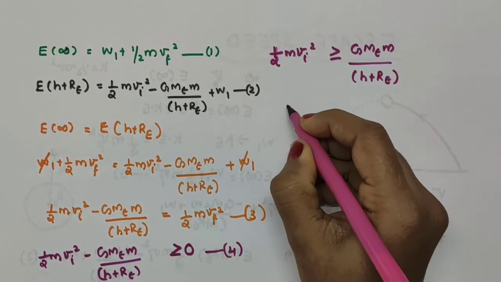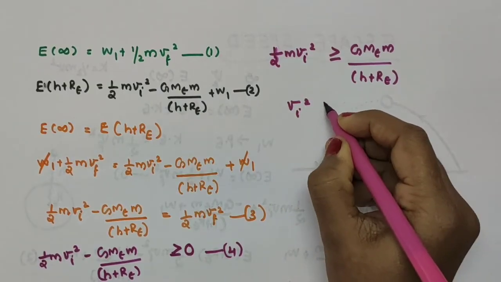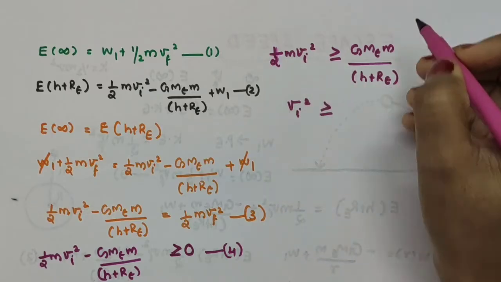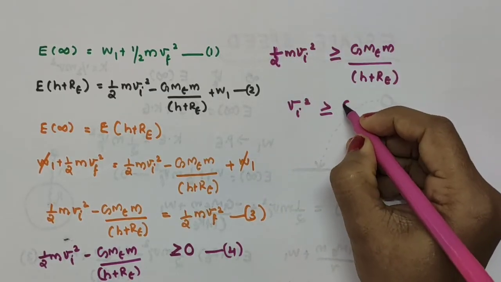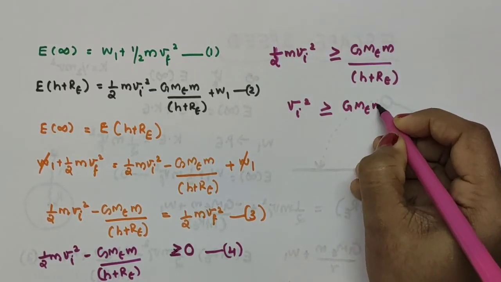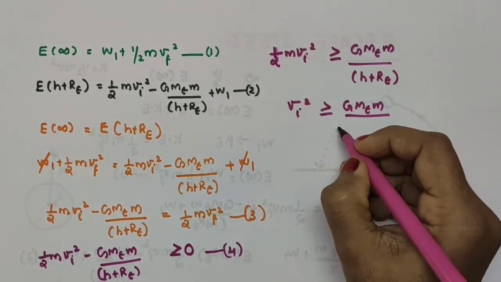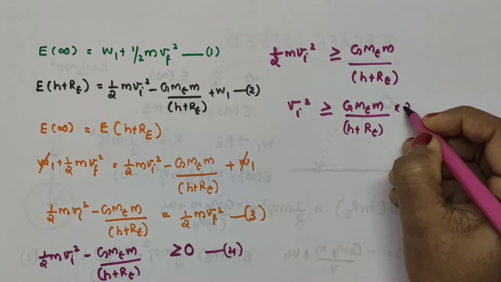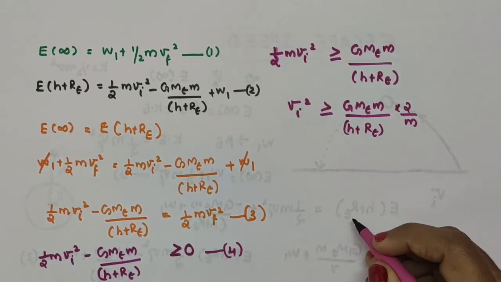Then from this we can write vi square is greater than or equal to, taking this half m to this side, 2 goes to the numerator, m comes to the denominator. So this becomes GMEm divided by H plus RE into 2 divided by m.